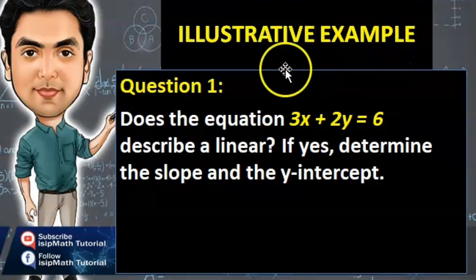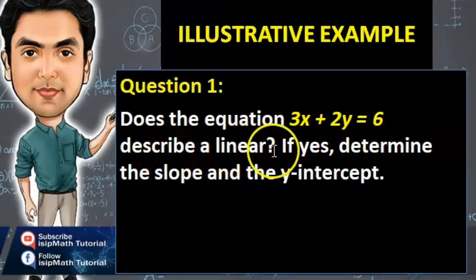Okay, so illustrative example. Question number 1. Does the equation 3x plus 2y equal to 6 describe a linear equation? If yes, determine the slope and the y-intercept. So nakikita po natin dito example 3x plus 2y equal to 6. So yung x at saka si y, yung exponent niya is only 1. Diba?